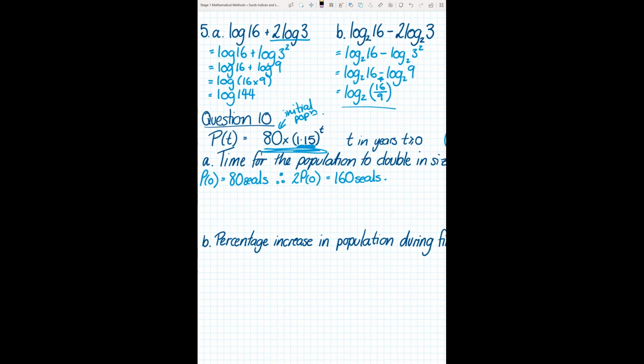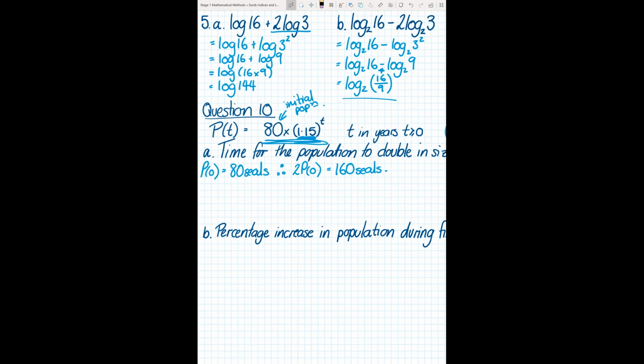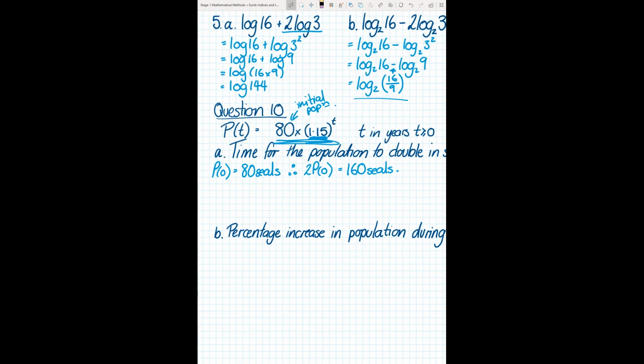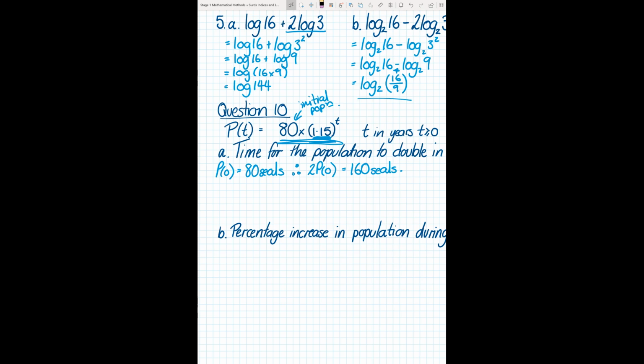That's what we're asking. How long does it take to have 160 seals in our population? So the question is, what is the value of t where 80 times 1.15 to the power of t is equal to 160?